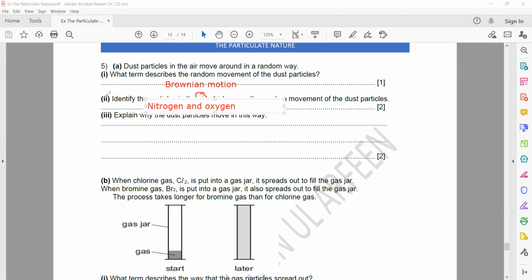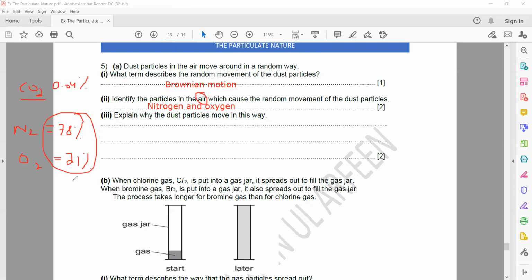Because the carbon dioxide proportion is so small, about 0.04%. That's a very small proportion. But nitrogen is about 78% by volume and oxygen about 21%, so the total sum is about 99%.